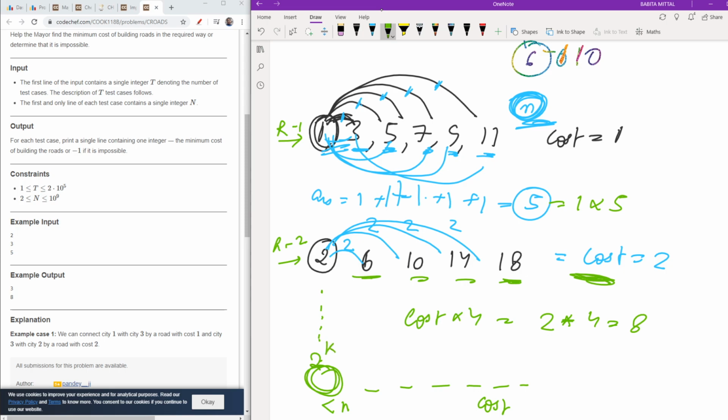Suppose it is 2 raised to power k, and it will follow along, because for the next I will have 4, then 12, then 20, 28. So here the cost is 4, here also the cost is 4.